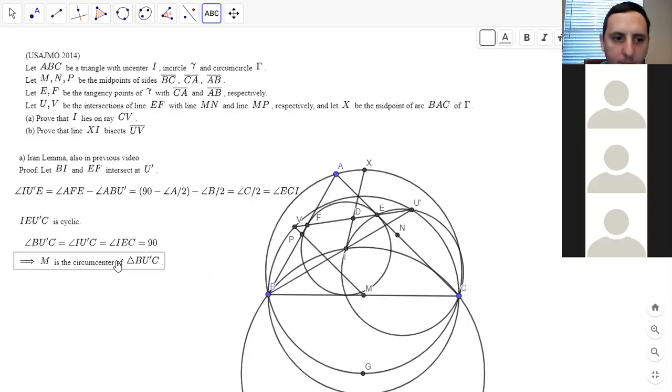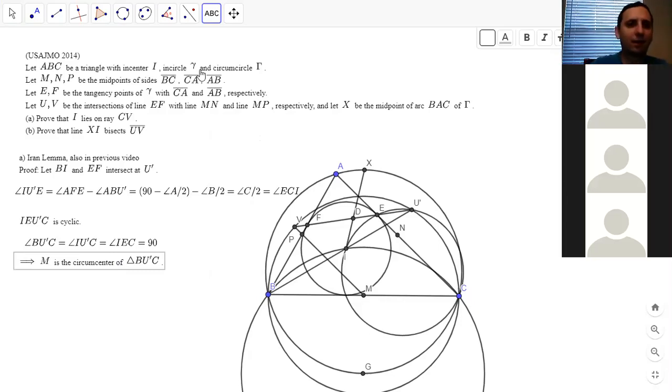I'll do the angle chase: angle CMU prime is equal to MBU prime plus MU prime B, and that is equal to 2 times angle MBI.